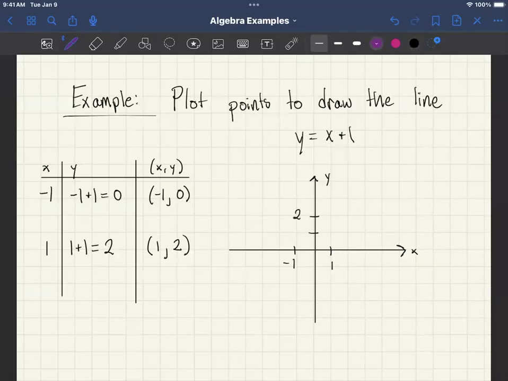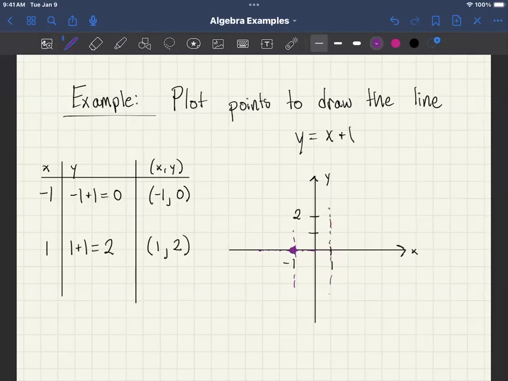All right, so our first one is x is equal to -1, which is right here, and y is equal to 0, which, although we can't really see it, is on that x-axis. That's where y is 0. So we're going to put our first dot right here on the x-axis. Our second dot happens when x is equal to 1.